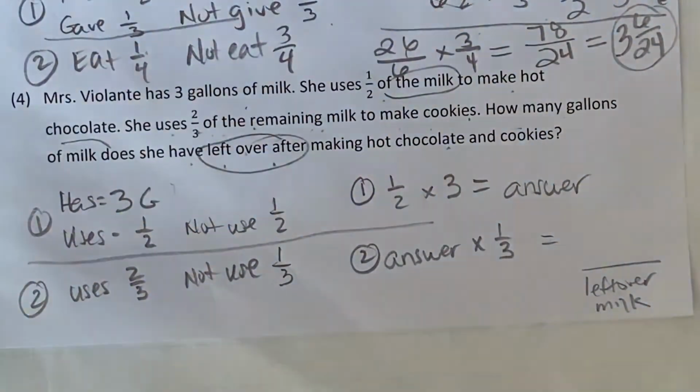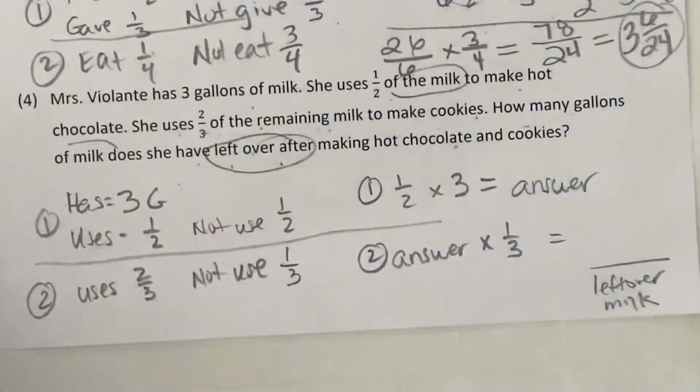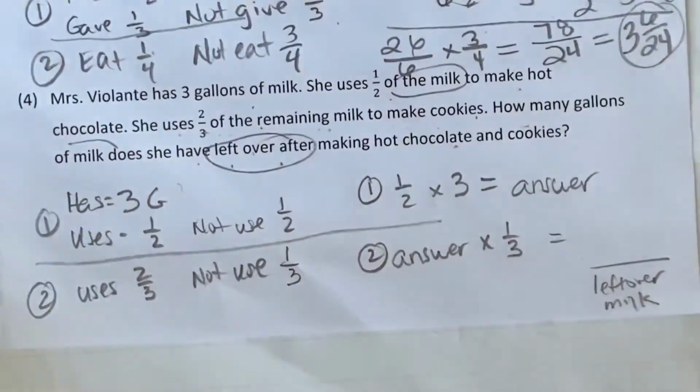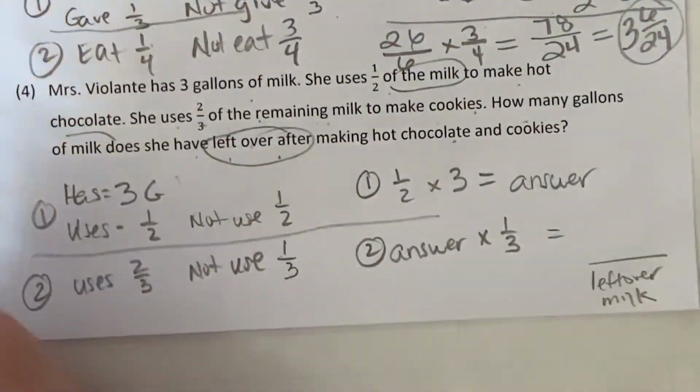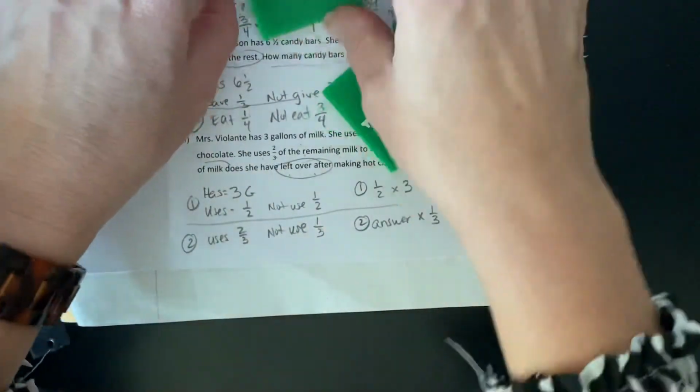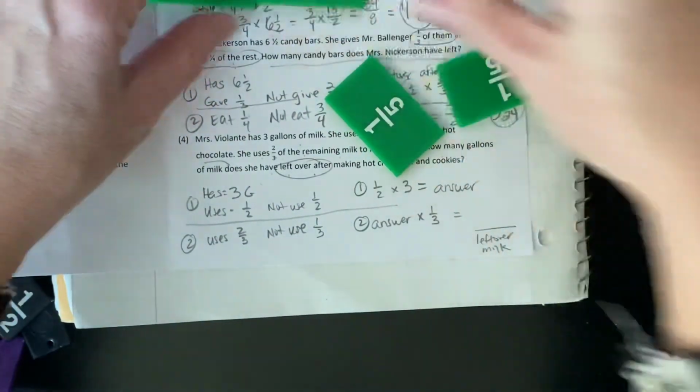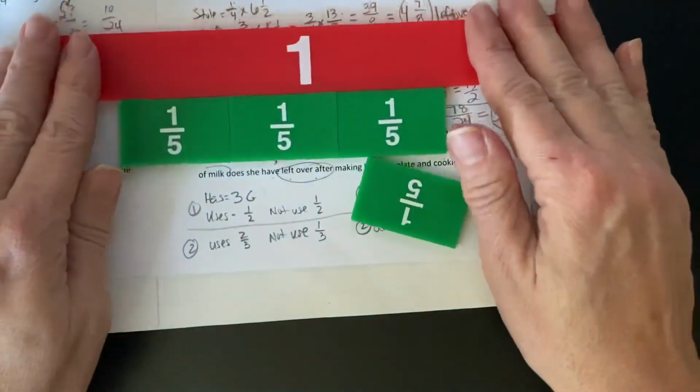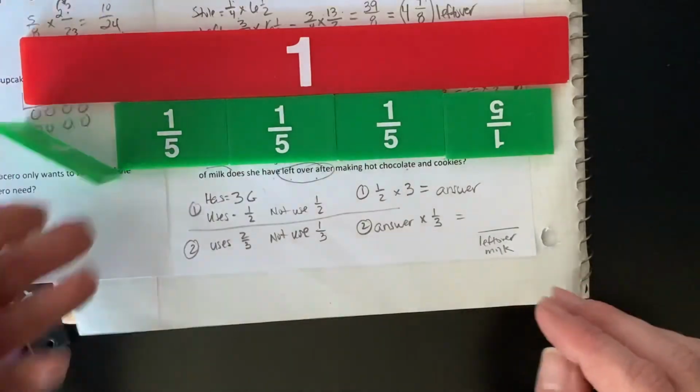It's a little confusing, but I want you to think about it this way. If I have, oh, of course. Hold on, sorry. Here's 5/5, right? 5/5 makes 1 whole. Okay? 5/5 makes 1 whole.